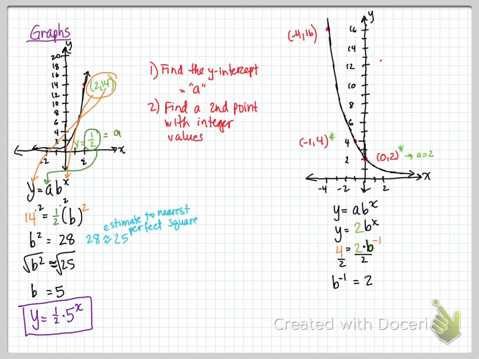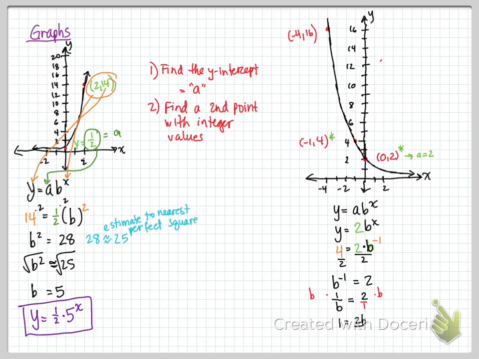Remember, we're solving for b. So b to the negative 1st is 1 over b, and that equals 2. Now I have a fraction on the left, so let's create a fraction on the right. I multiply both sides by b, and I get 1 equals 2b.